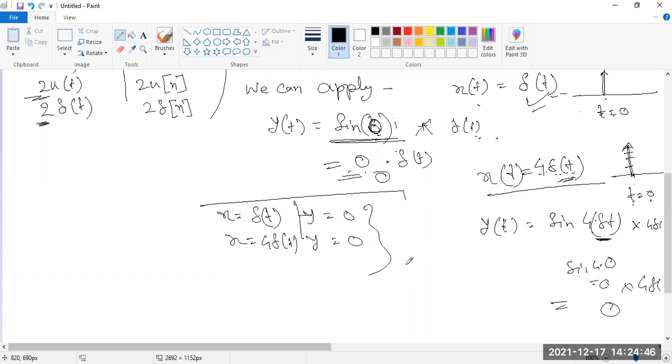From this, how could I decide whether it is invertible or non-invertible? Please tell me. Is it invertible or non-invertible?